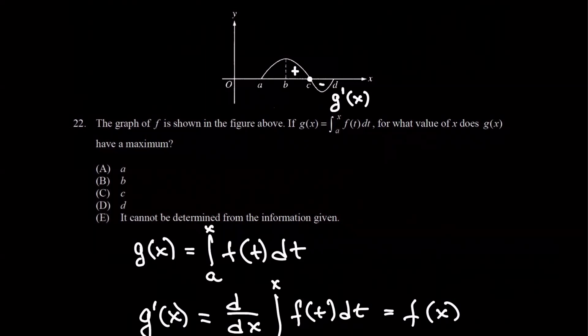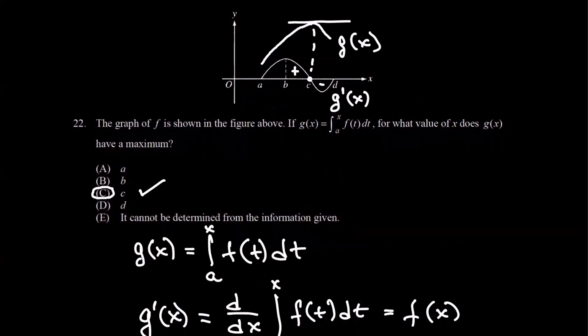So in this case, from a to c, the derivative is positive, so the function increases. Then at point c, it flattens out, and then it declines because the derivative from c to d is negative. So at this point c, the corresponding point here, the function, this is g of x, has a maximum. So the answer is actually C.